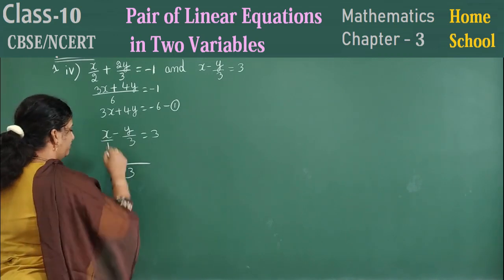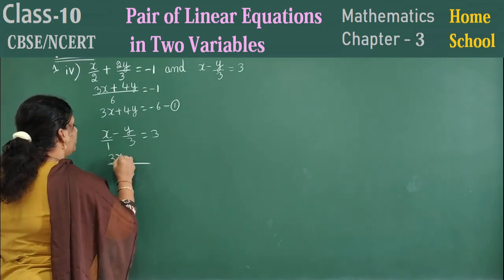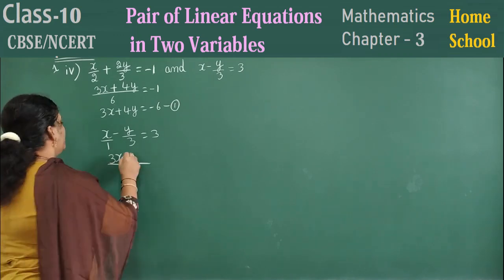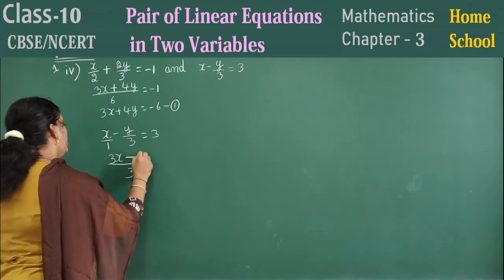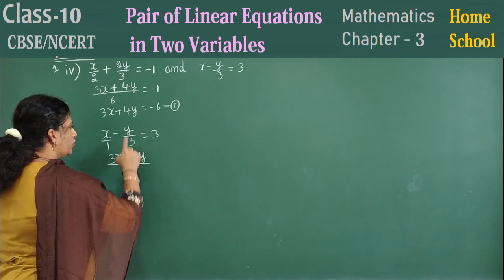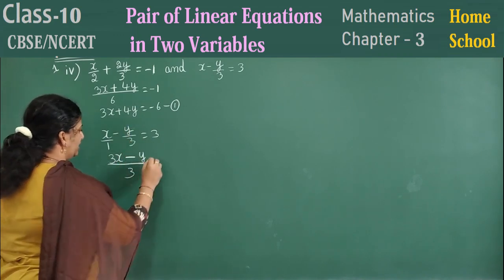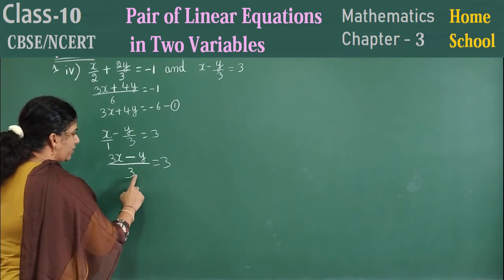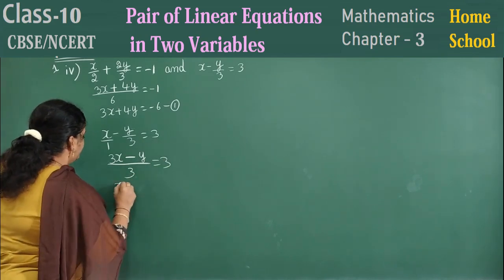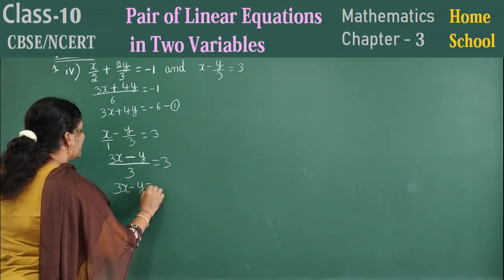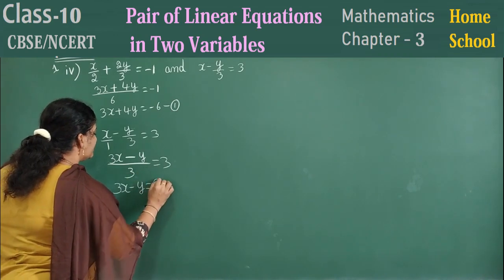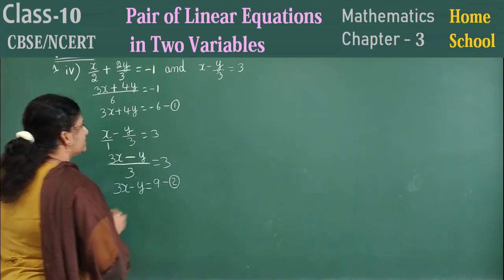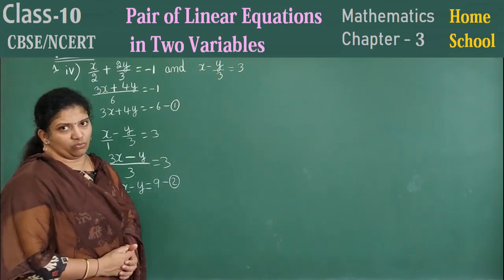That 3 multiplies the numerator. 3 into x, 3x minus y. Already 3 is there, so no need of multiplying anything for the numerator. Is equal to 3. This denominator goes to this side. 3x - y = 3 3s, 9. Mark this as the second equation.